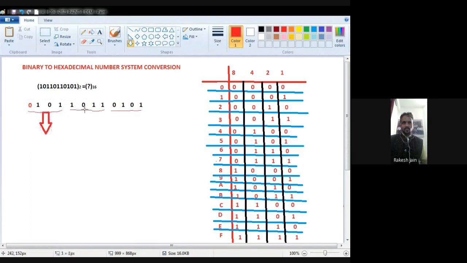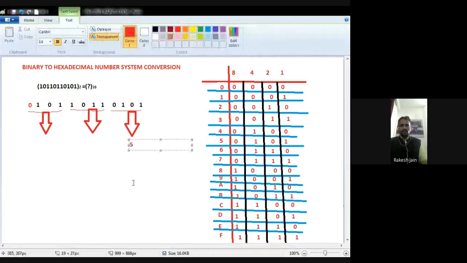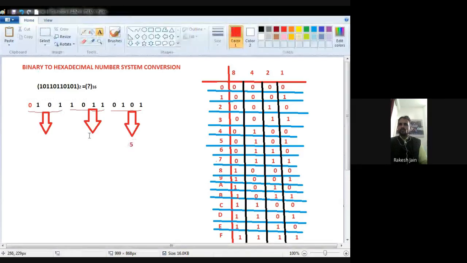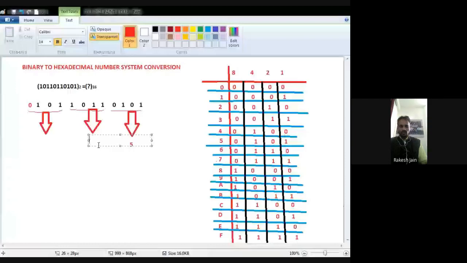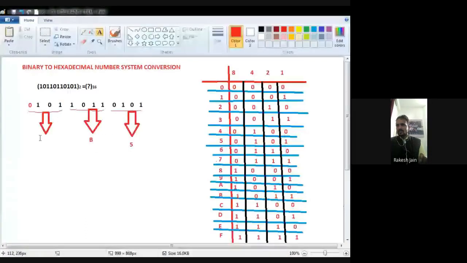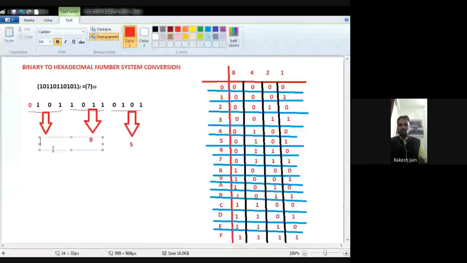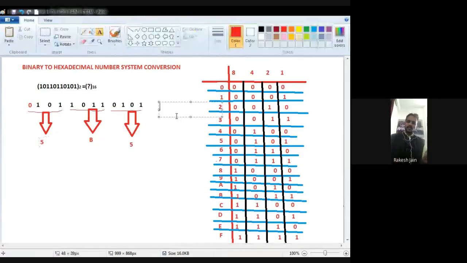So how can we convert this? See the table and convert it. 0 1 0 1 is the representation of 5. 1 0 1 1 belongs to B, and 0 1 0 1 is 5, so it is 5B5.